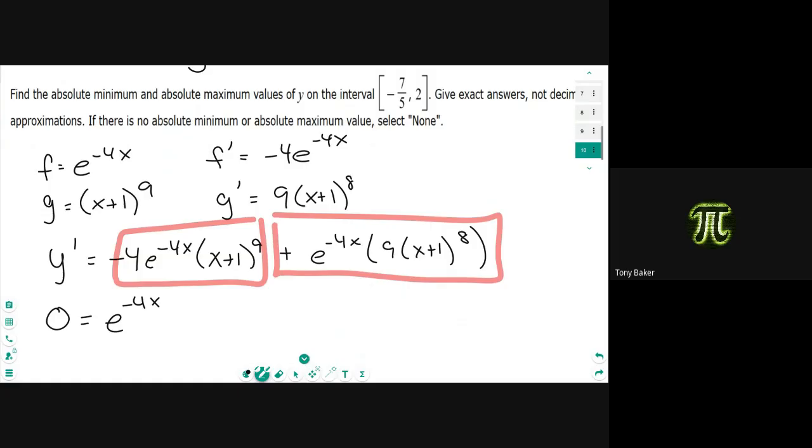Before we get into that, is there anything else I can take out?